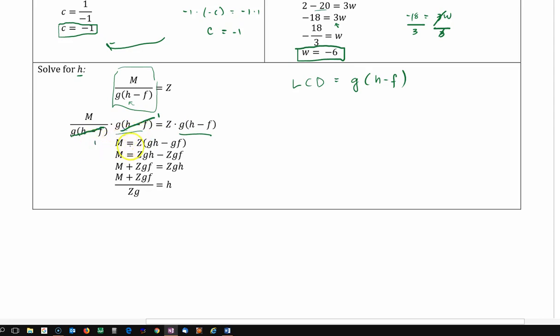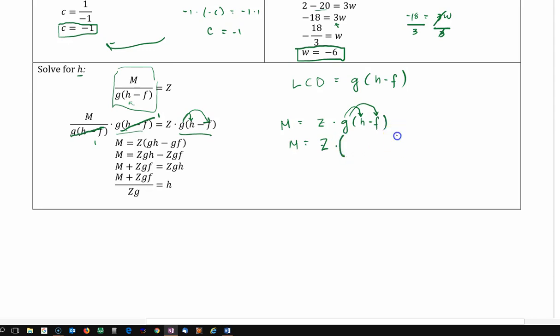We're just left with an m equal to z times gh minus f, which you can distribute as gh minus gf. Right, let me write down what happened here. So we have m equal to z times gh minus f. So keep the m and the z, and then distribute this.